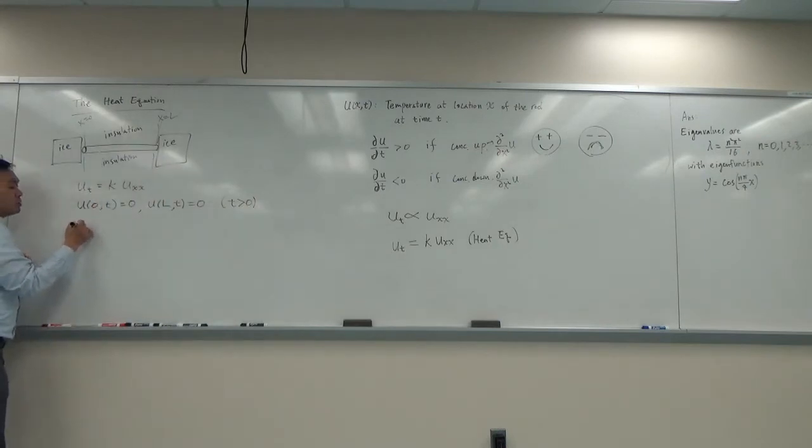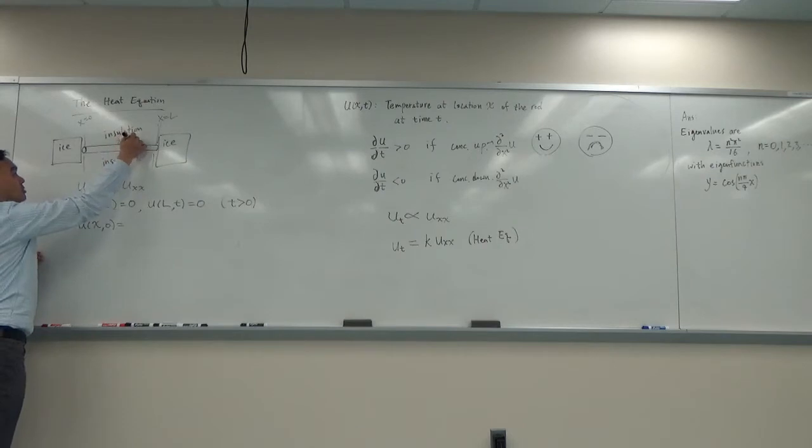And then u(x,0). What does this mean? It means that the time is 0. When time is 0 and you want to know the distribution of the heat at that time, I say in words that if this is initially 20 degrees Celsius, you just put 20.